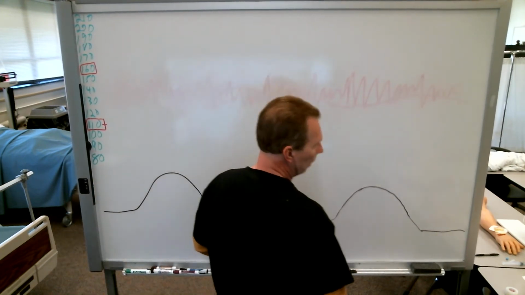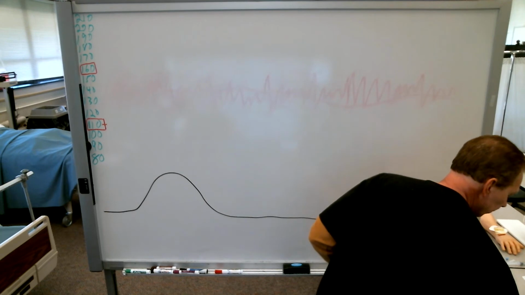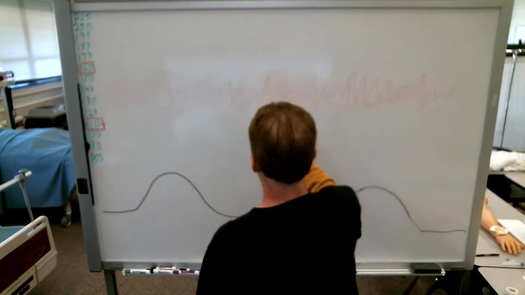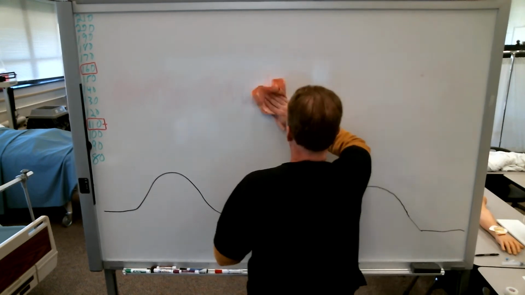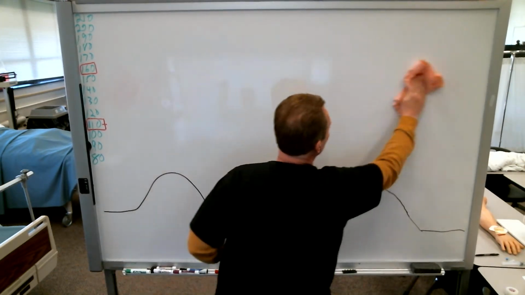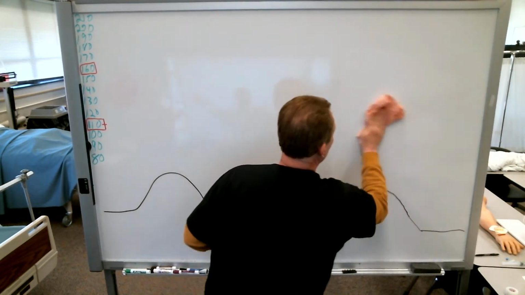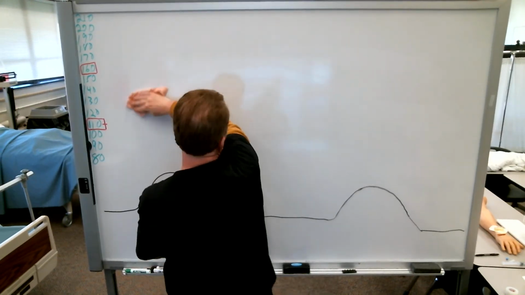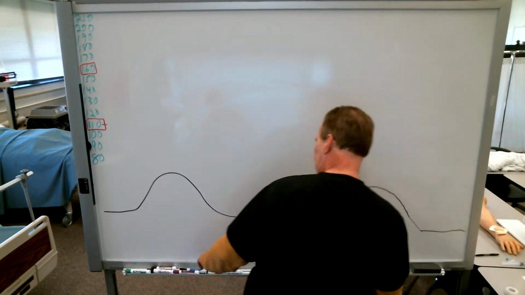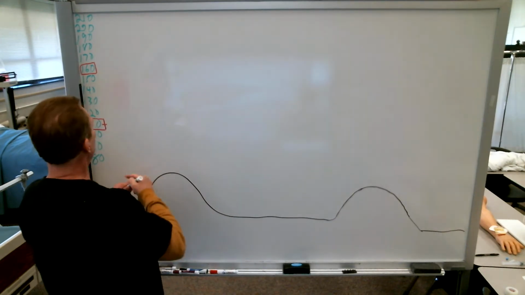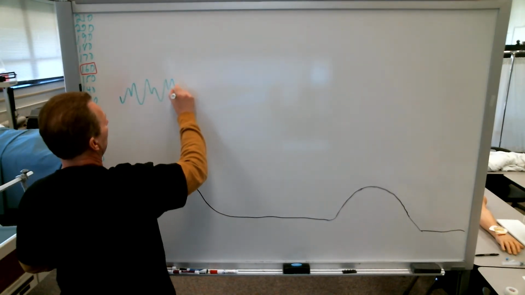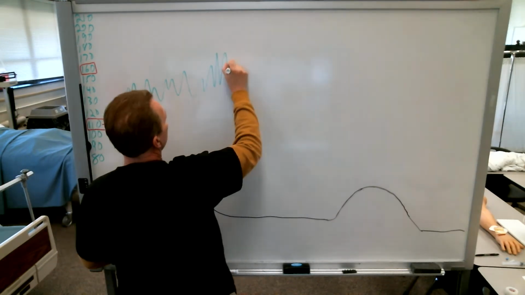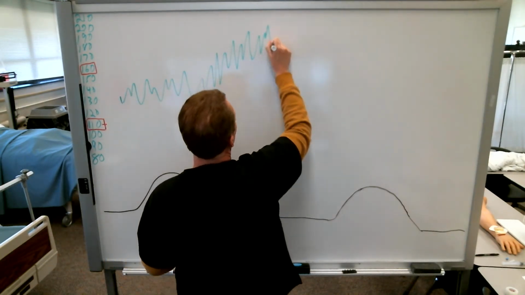Okay. Let's see. I'm going to just wipe that off a second, just a little bit. All right, so our next thing that we want to look at is I'm going to go back to that reassuring pattern, so we were good for a while, and then this happened.